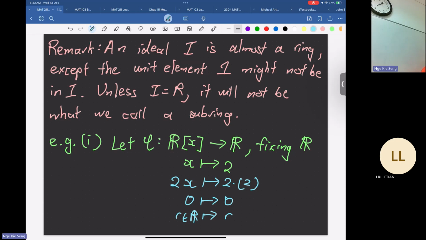Try and think. Yes, x minus 2, because x minus 2 goes to 2 minus 2, which is 0.